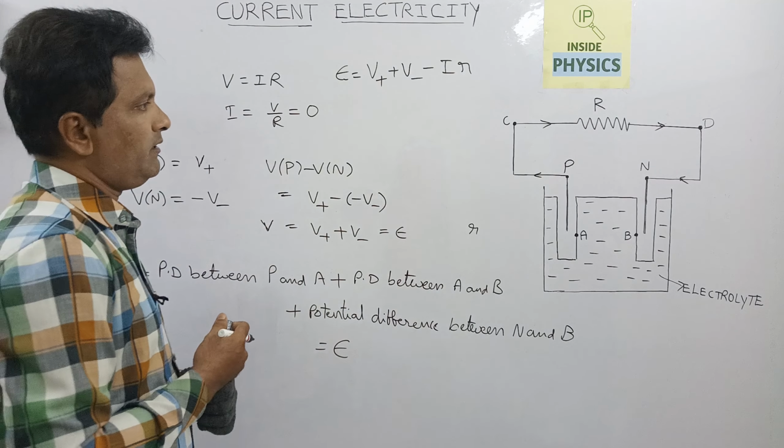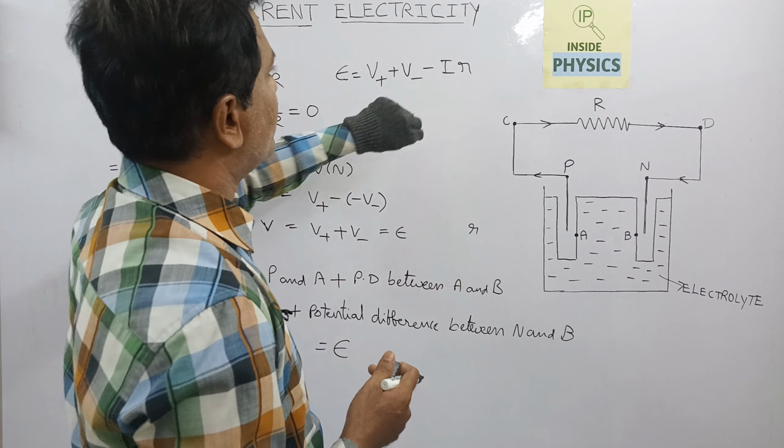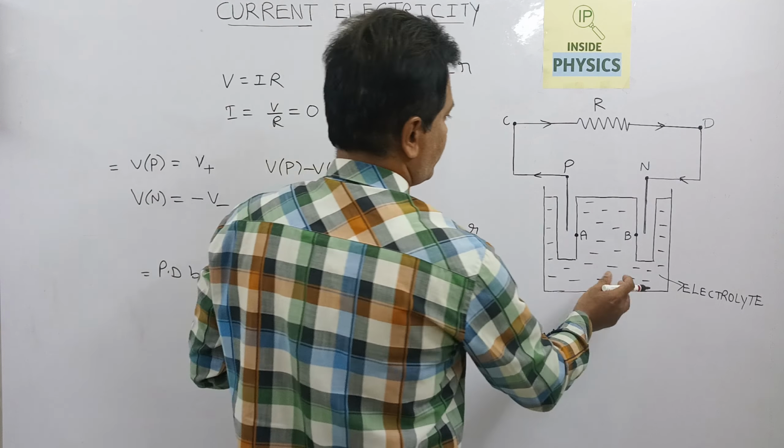So some electromotive force is wasted because of the internal resistance. See, because of the internal resistance of the battery, the electron flow has some obstruction in the electrolyte also.